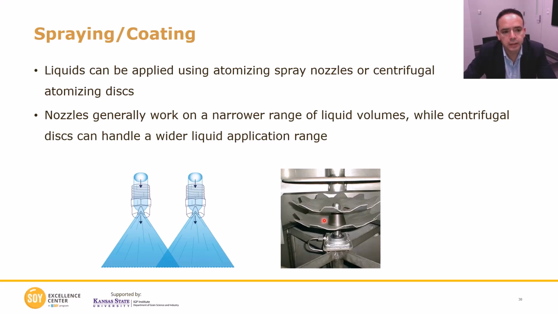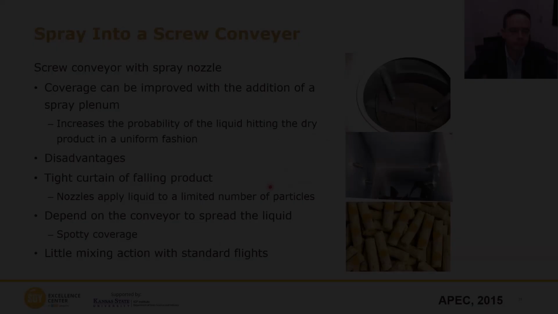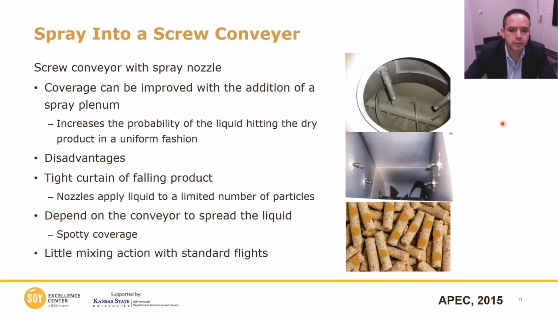Nozzles generally work on a narrower range of liquid volumes, while this centrifugal disc can handle a wider liquid application range. The other advantage sometimes with this disc is that it is not affected by the density of the liquid as much as the nozzles.